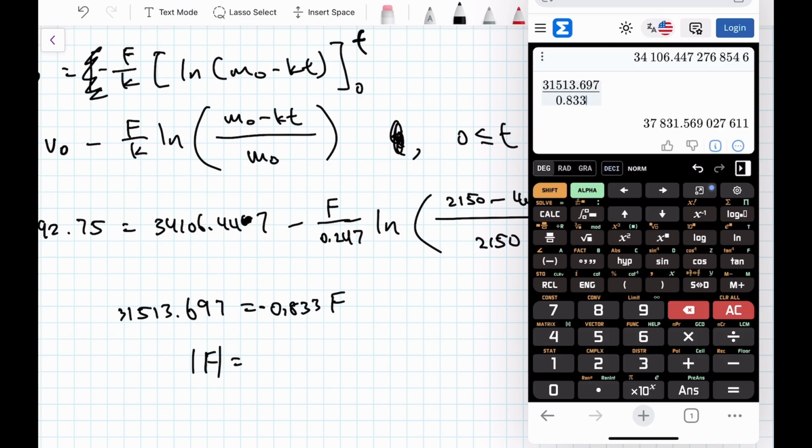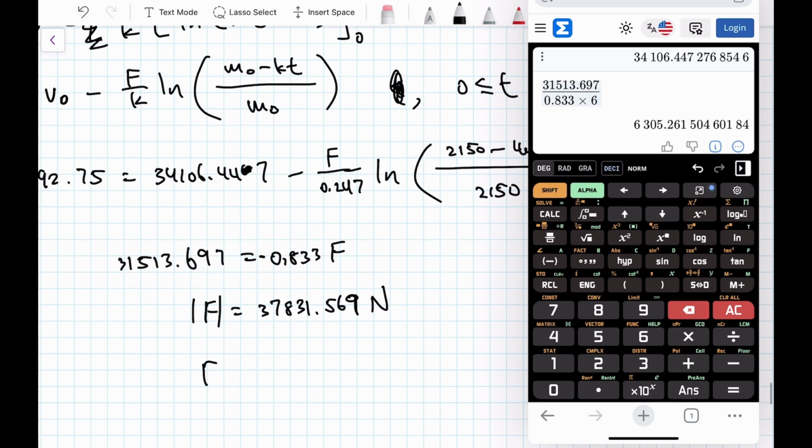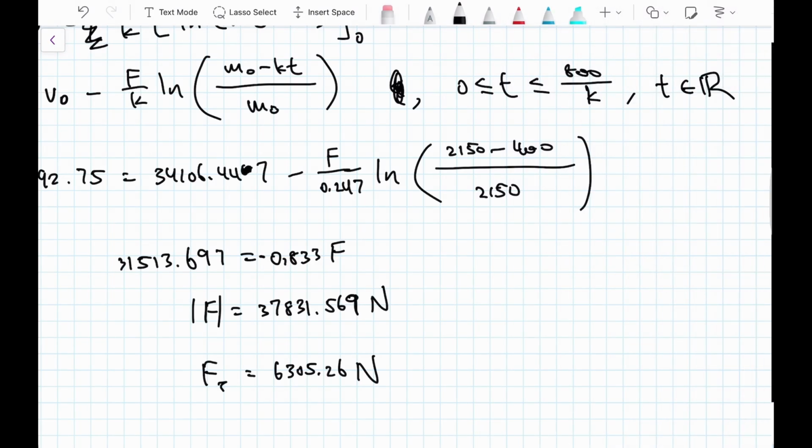That is 37831.569 newtons, and then we divide this by 6. Therefore the force of each thruster is 305.26 newtons, and that will be the answer to the question.